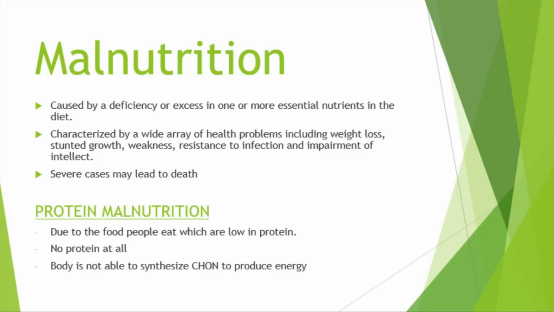Again, malnutrition can be an excess or a deficiency of a certain nutrient. But when we say protein malnutrition, this is due to the food people eat which is low in protein. Sometimes there's no protein at all, and the body does not synthesize protein to produce energy.